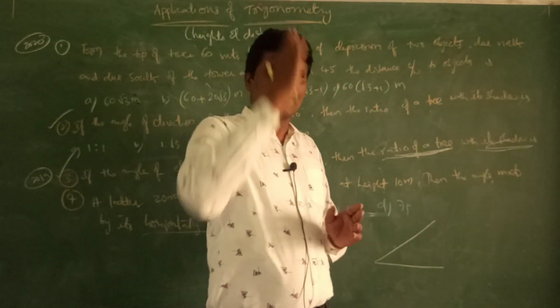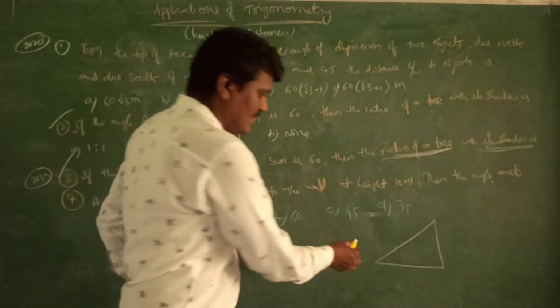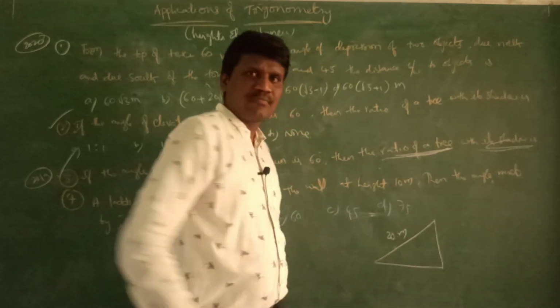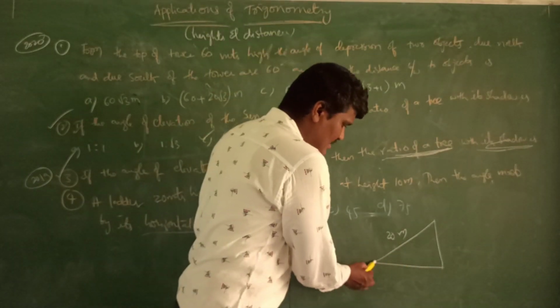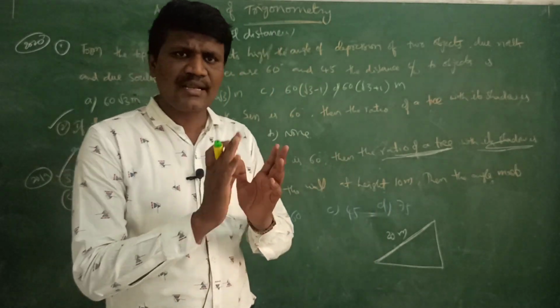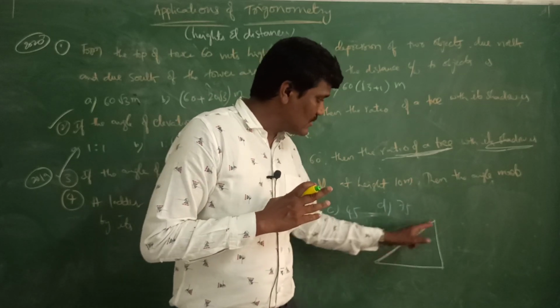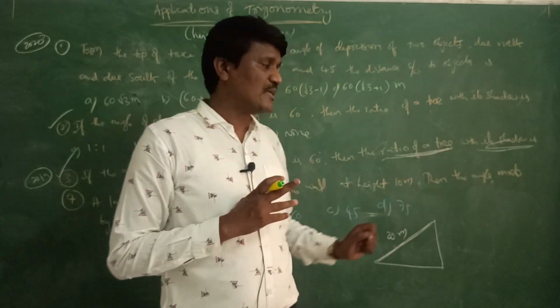Generally ladder will be straight, but leaning to the building. So this is the ladder which is having 20 meter length. Generally ladder will be straight, but here leaning the ladder, that's why this length is 20 meters.